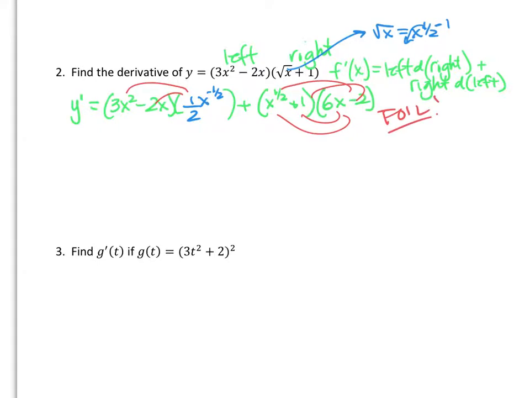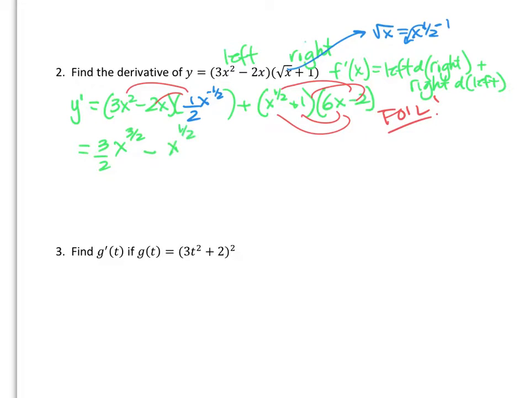So, on the left, we end up with, if I'm multiplying 3x squared times 1/2 x to the negative 1/2, we're going to end up with that 3/2 x to the 3/2, right? 2 and a minus 1/2 is 3/2. And then when I distribute it to the negative 2x, I'm going to have negative x to the 1/2.